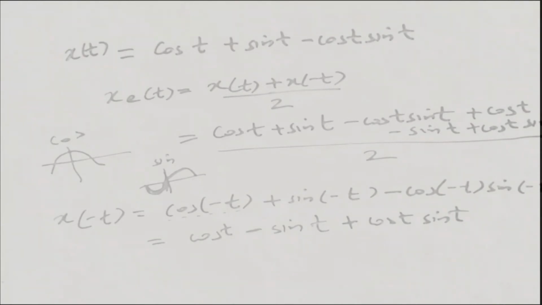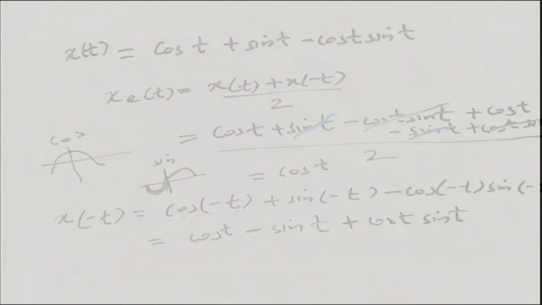So now this is cancelled out, this cancelled out, so we are left with this 2 cos t divided by 2, and in other words we get this as simply cos t. So the even component of the given signal is cos t.